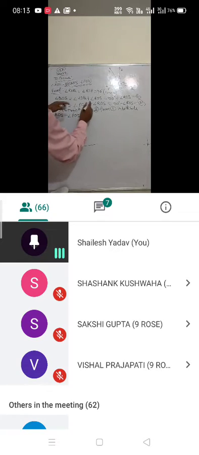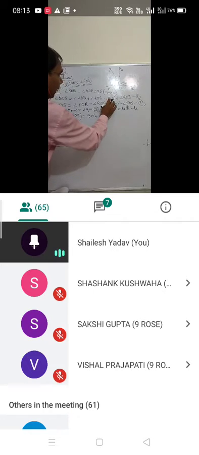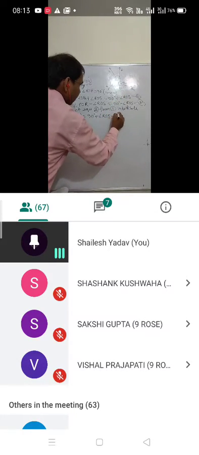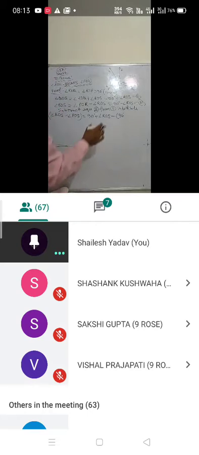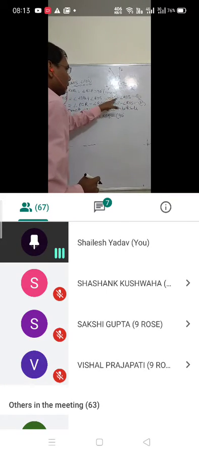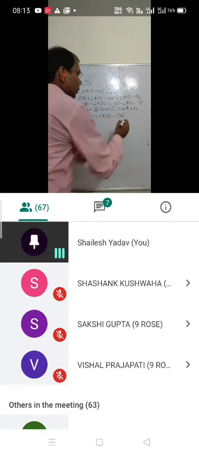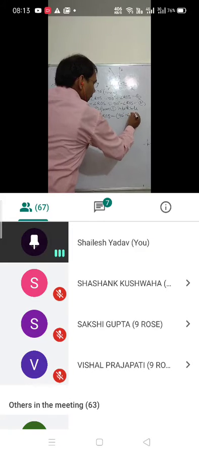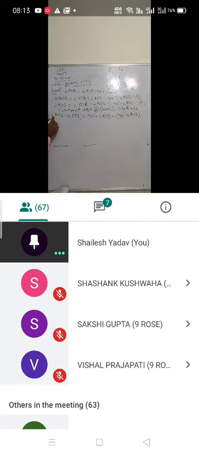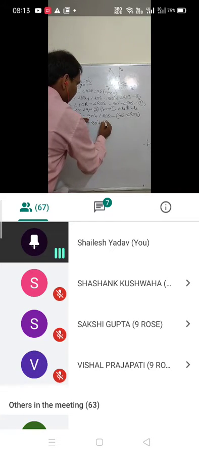On the right side, 90 degrees plus angle ROS minus 90 degrees minus angle ROS. If you are subtracting more than one term, you write them in brackets. So angle QOS minus angle POS equals 90 degrees plus angle ROS minus the bracket.